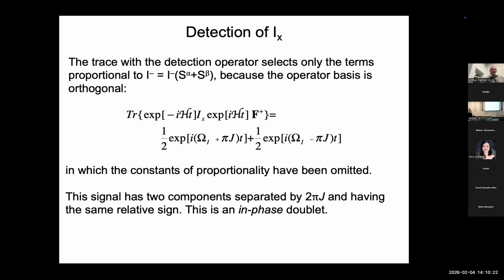So I'm going to pretend my detector is tuned only to the I spin, so maybe S is nitrogen. So the detection operator is just I minus, and of course that's I minus times S alpha plus S beta in reality.